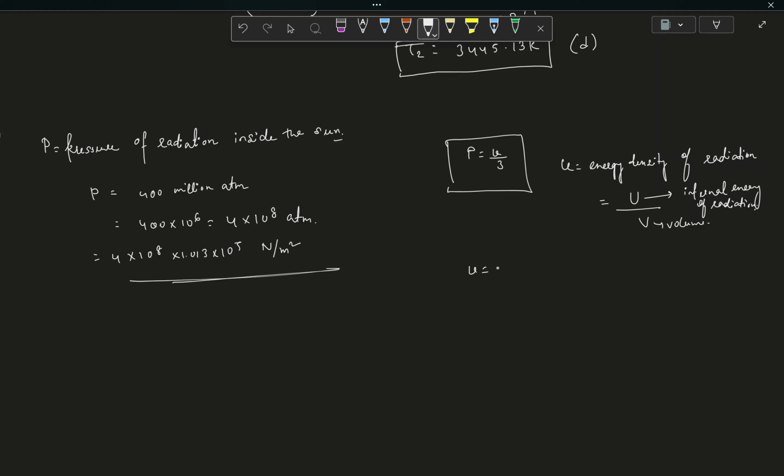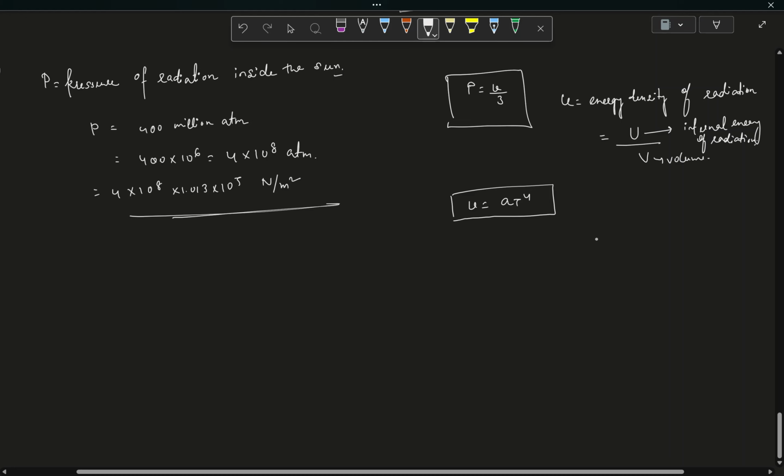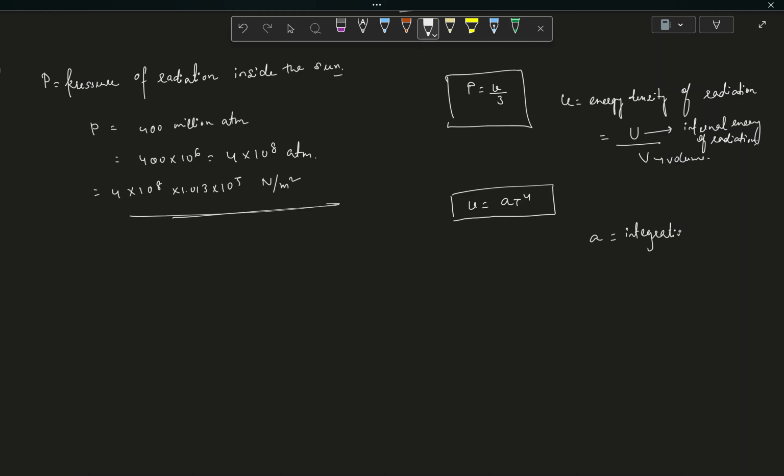And this U has a formula: U equals A T to the power 4. How energy density is related to temperature, again T to the power 4, but A is here an integration constant which has a particular value as per the calculations already known to us.